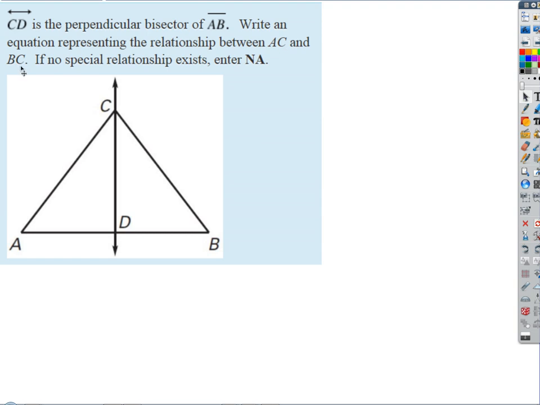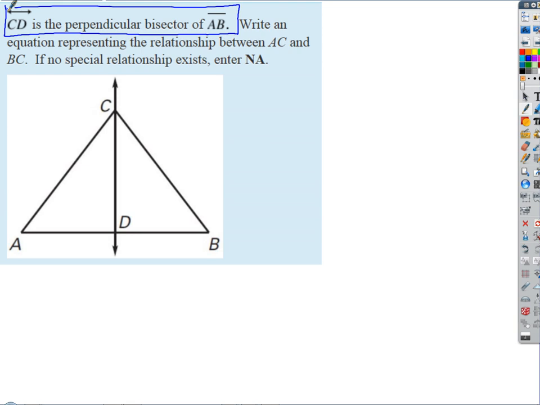Before we do anything with this, let's take the given information and mark up our drawing. I really expect you to start doing more of this. All this stuff needs to be in your notebooks when you're doing these problems.